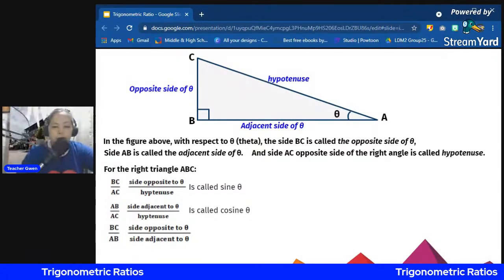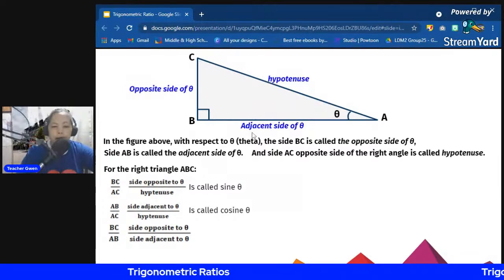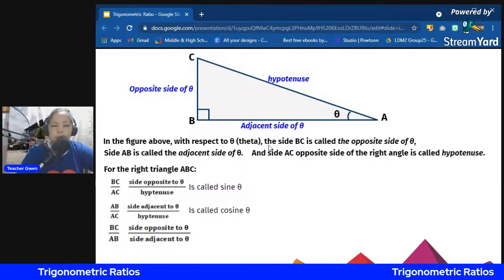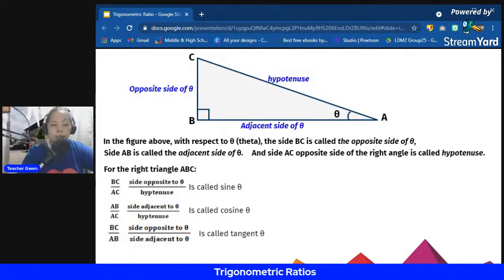Then we have BC over AB, which is opposite over adjacent. This is called the tangent theta.